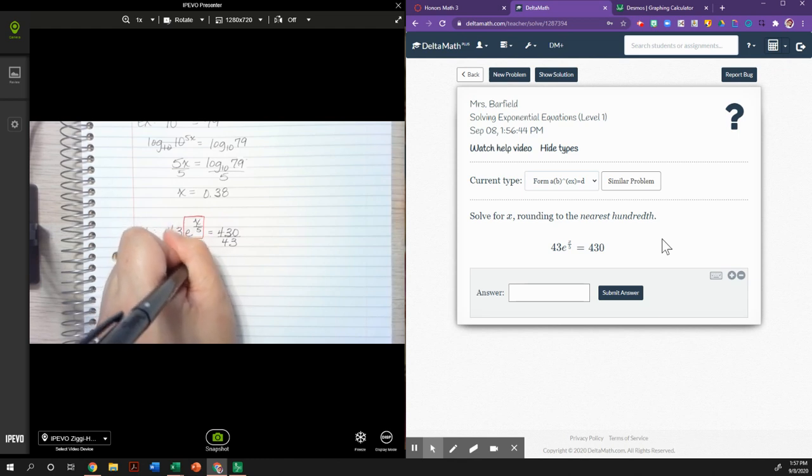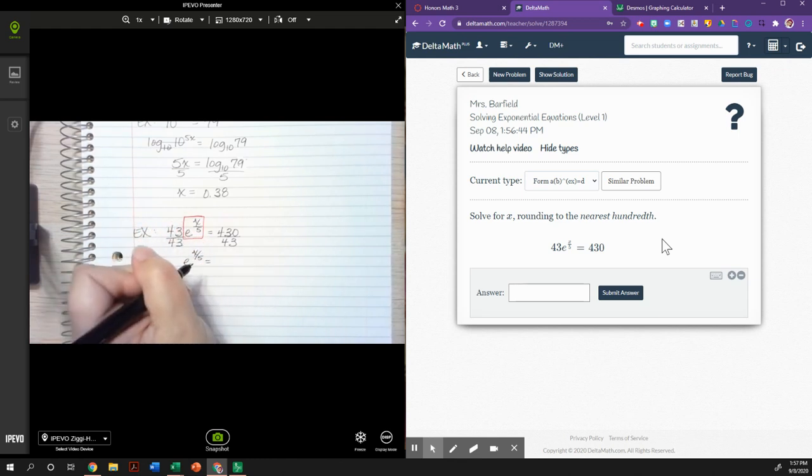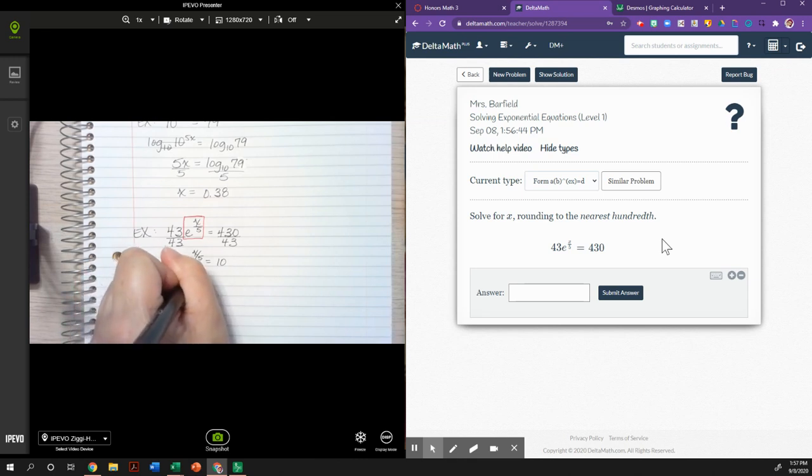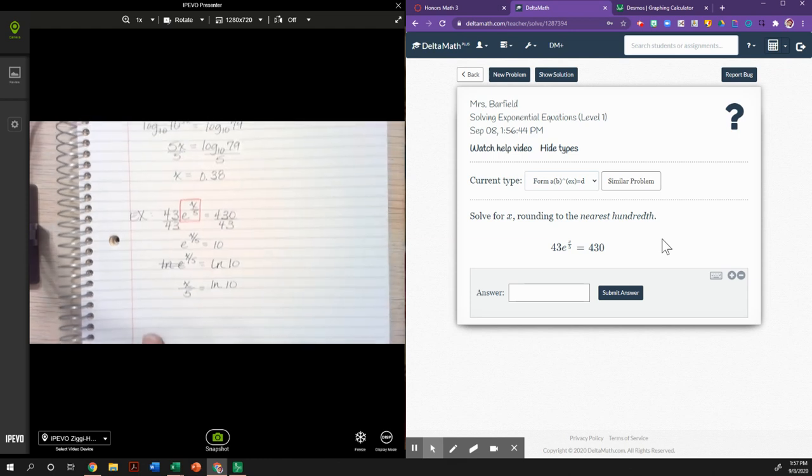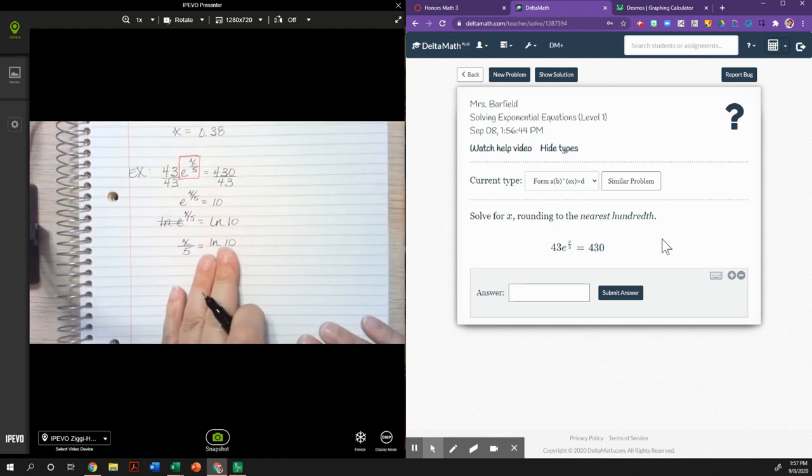So e to the x over 5 equals 10. 430 divided by 43 is 10. Now I'm going to take ln of both sides because that's an e. So ln of e to the x over 5 equals ln of 10. So the e cancels. So x over 5 equals ln of 10. I'm going to leave that decimal the way it is.